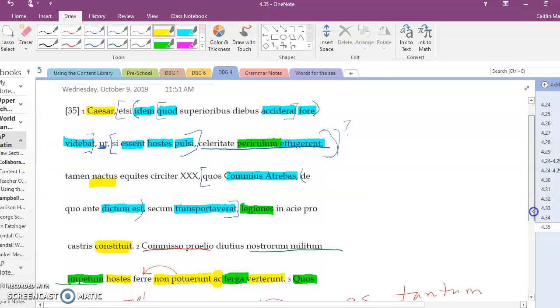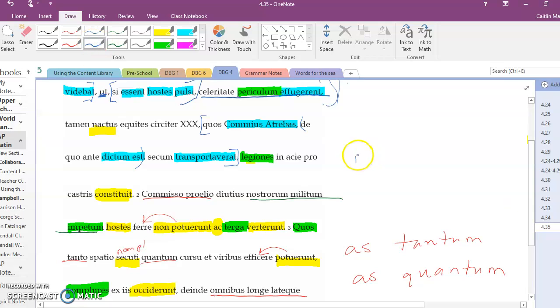And now in 4.35, Caesar, even though he saw this stuff, that if the hostes were pulsed, they would effugorent the periculum with claritate. Nevertheless, having obtained triginta equites, which comius atribas transportaverunted, Caesar did this. He constituted the legiones in acie pro castris.